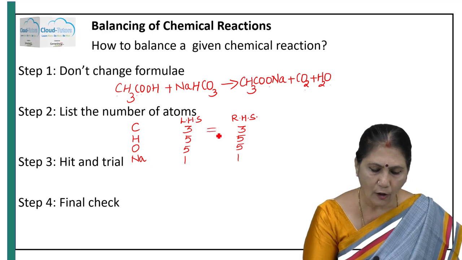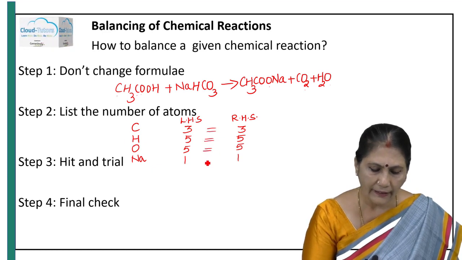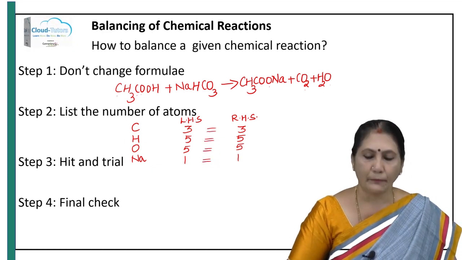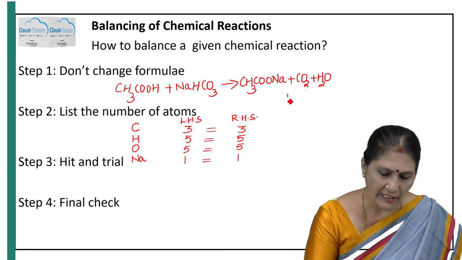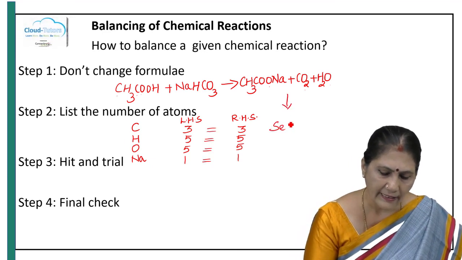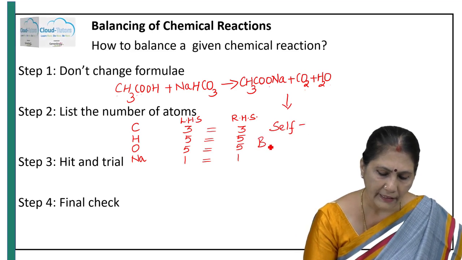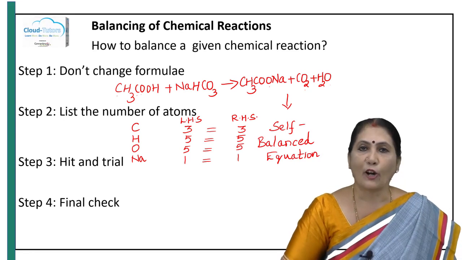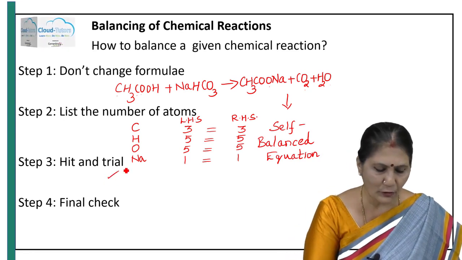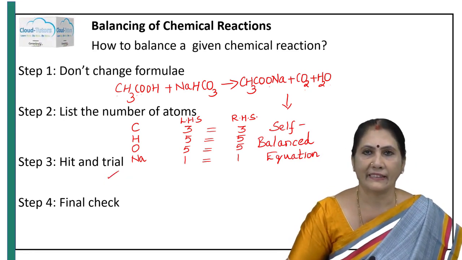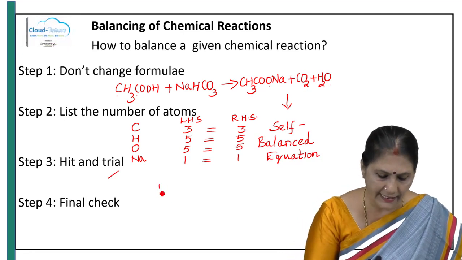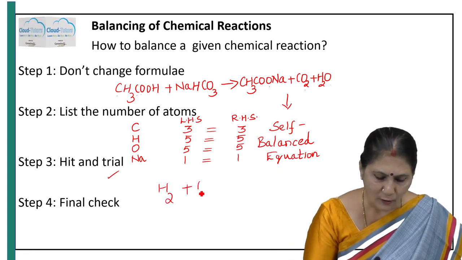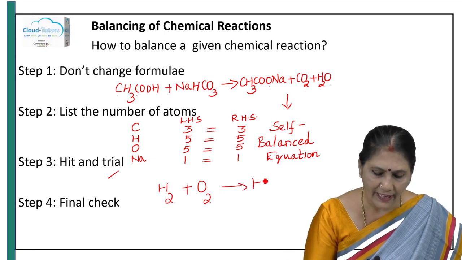That means all the numbers of atoms are equal. Such a reaction is called a self-balanced equation. But if the equation has not got balanced, you have to use the hit and trial method. For example, we had seen H2 plus O2 gives H2O.